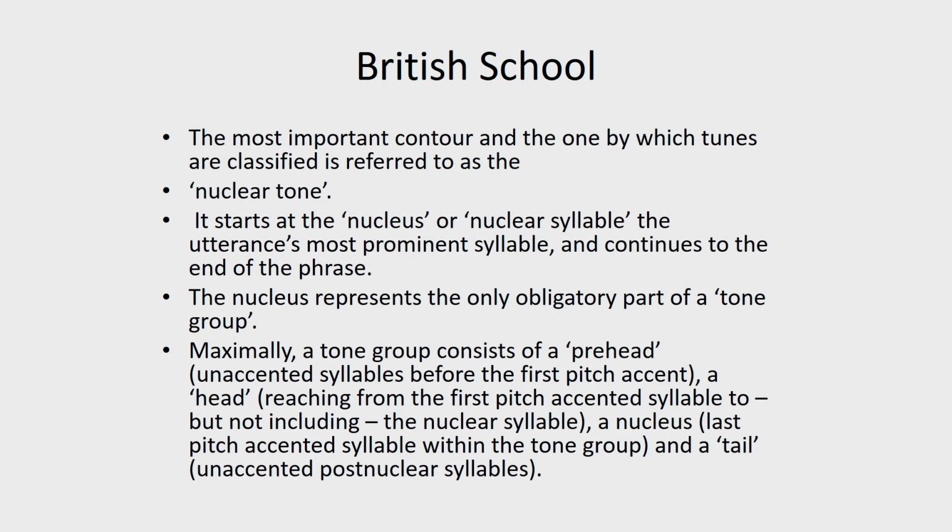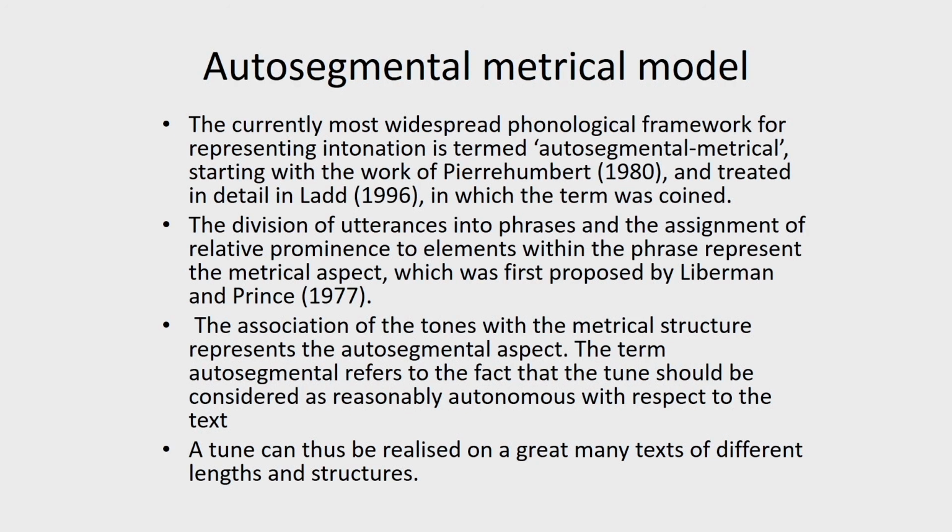A tone group consists of a prehead, a head, and a nucleus. The prehead is the unaccented syllables before the first pitch accent, and the head is the first pitch accented syllable up to, but not including, the nuclear syllable. The nucleus is the last pitch accented syllable within a tone group, and the tail is the unaccented post-nuclear syllables.